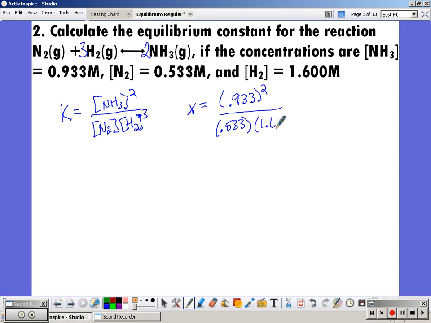So again, if you put one set of parentheses for the top, one set of parentheses on the bottom, you can type this in and get the value. So we would end up with 0.399 as our answer.